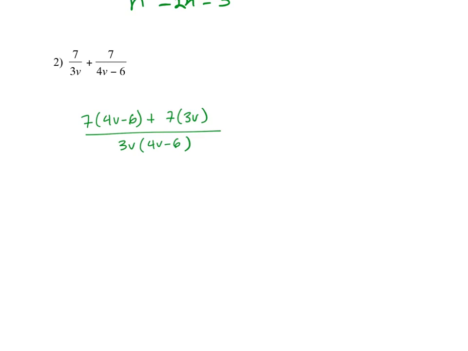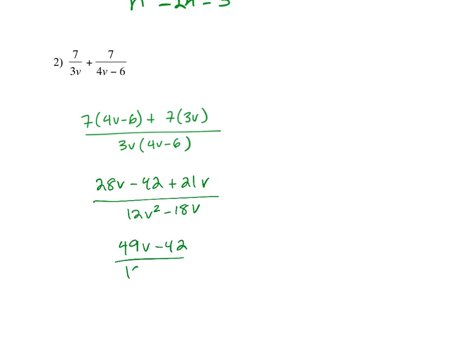So now I have 28v minus 42 plus 21v divided by 12v squared minus 18v. I'm just simplifying like terms. So 28 plus 21 is 49v minus 42 divided by 12v squared minus 18v.